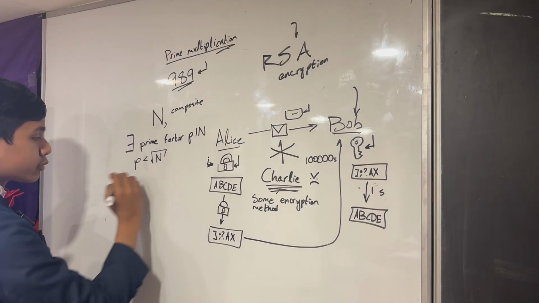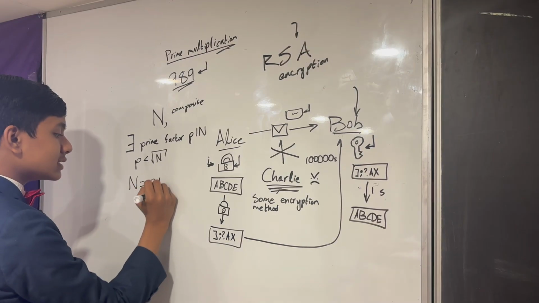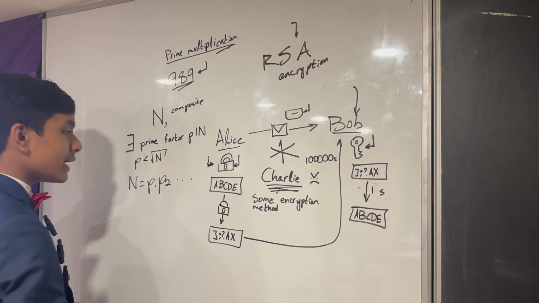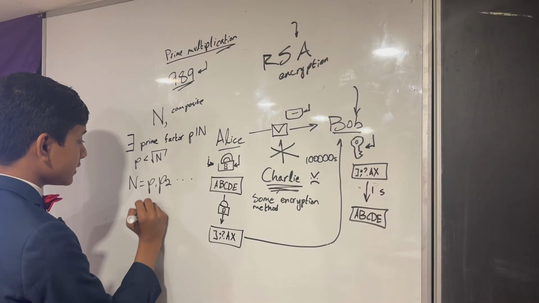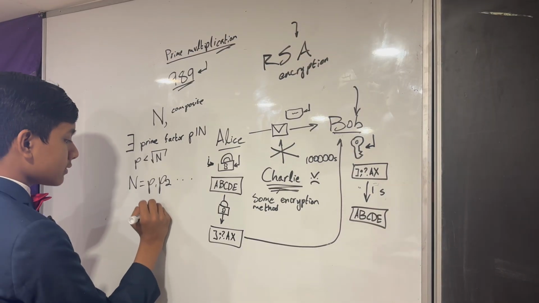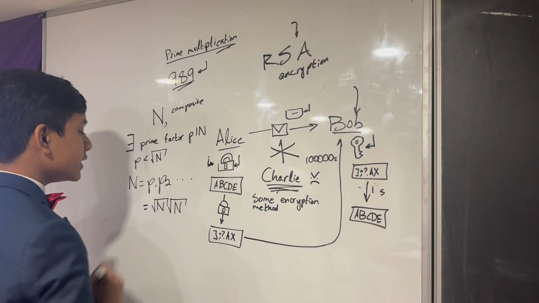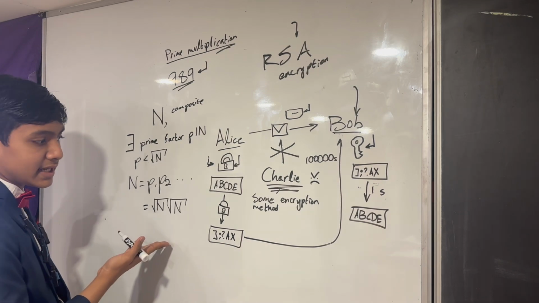Otherwise, we could break n down into at least 2 prime factors, probably more, and if all of those were greater than or equal to the square root of n, well, first of all, if both of them were equal to the square root of n, then they wouldn't be distinct factors.